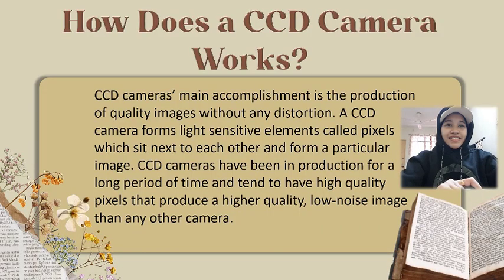Alright, so how does a CCD camera actually work? From our workplace or our office or our neighborhood, we see that they use CCTV at their house. So in terms of the working principle of CCD cameras, these video cameras capture an image and transfer it to the camera's memory system to record it as electronic data.